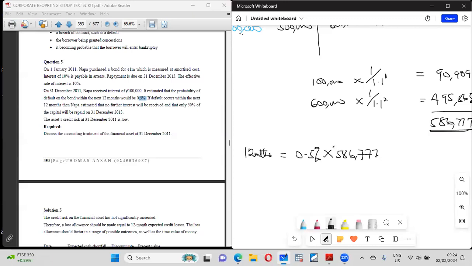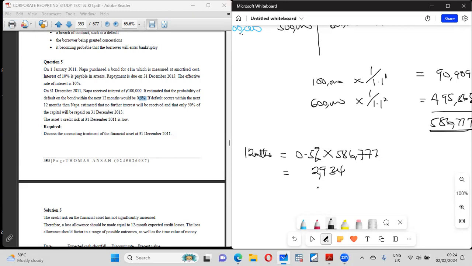That answer that I have, I'll multiply by 0.005, because it's 0.5%. And that gives me something around 2,934. So this is what I have as my 12 months expected credit loss.